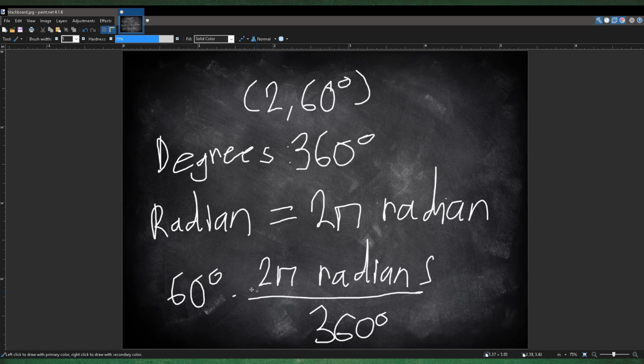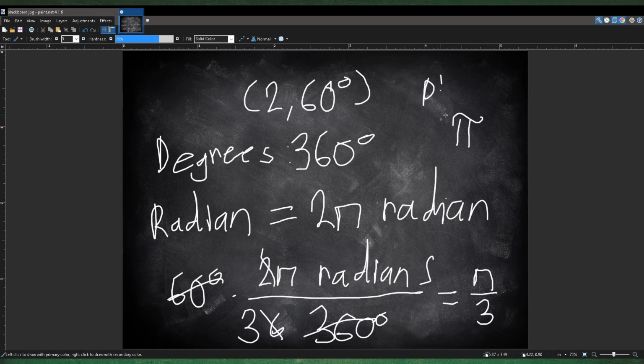So 60 divided by 360 is 1 over 6. So 2 divided by 6 is 1 over 3. So 60 degrees is the same thing as pi over 3 radians. I'm sorry I read it like a p, but it's a pi symbol. So 60 degrees would be the same thing as pi over 3 radians.